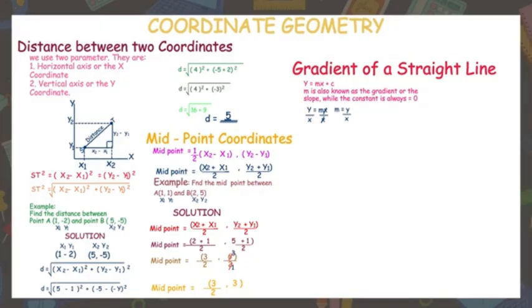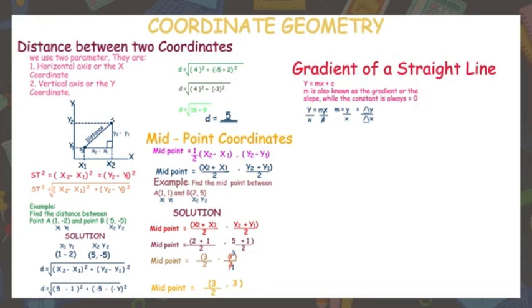What is the interpretation of this y over x? It means change in y over change in x, that is, increase in y over increase in x. From the y coordinate, the increase is y2 minus y1.